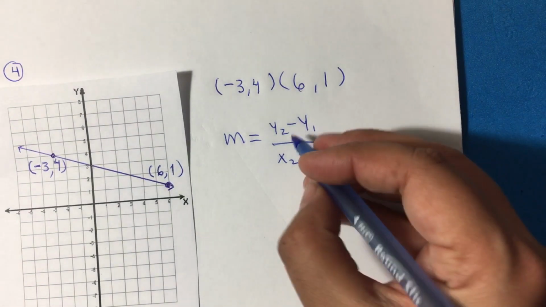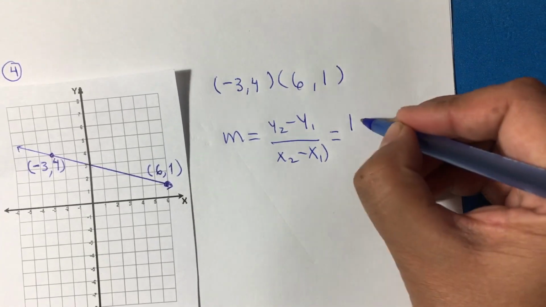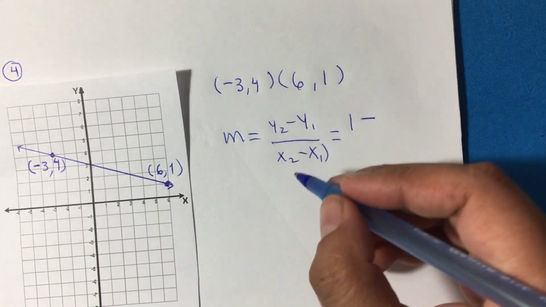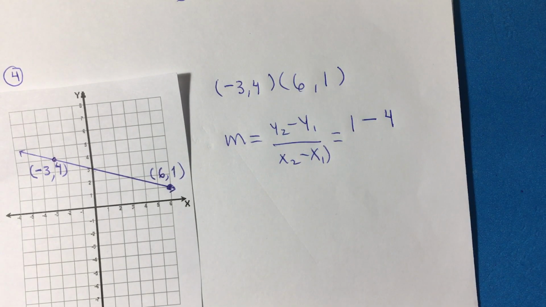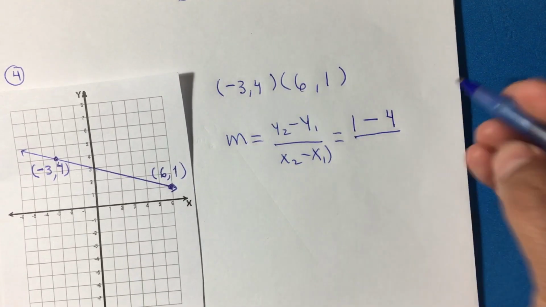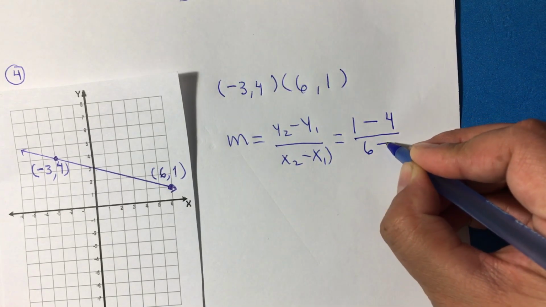Okay, so what is y2? It's 1. Minus, what is y1? It's 4. Notice how now I'm not putting the x1, y1, x2, y2 labels, because eventually you can do that. Okay, what is x2? It's 6. What is x1?